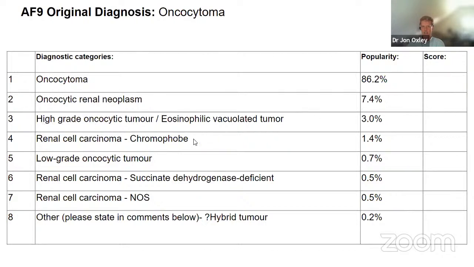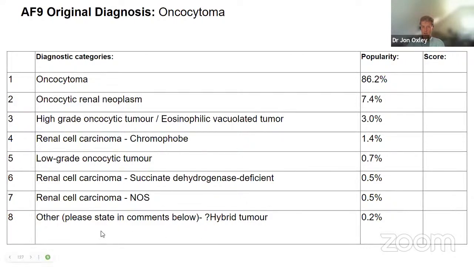As I discussed, this is not far off correct. We were told it was CD10 negative, which would be slightly against that, but the morphology was slightly similar. And we know the chromophobe was not quite right. Low-grade oncocytic tumor, we were told it's CD117 positive, and this was negative. We would have given you these comments.